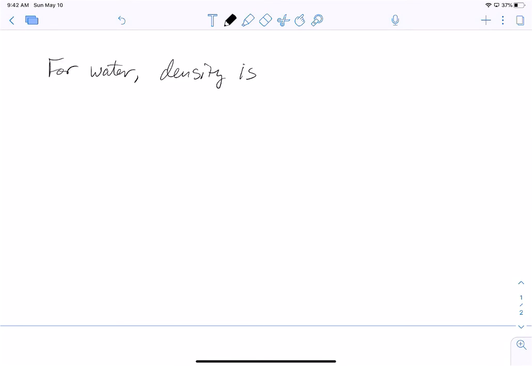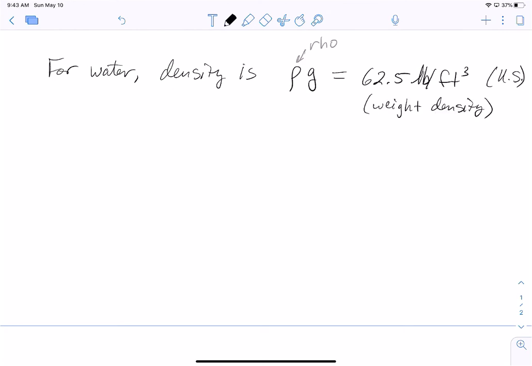For water, the weight density is given by rho times gravity, and that P-looking thing is the Greek letter rho. In the US system it is 62.5 pounds per cubic foot. That's referred to as the weight density, and again, that's in the US system.